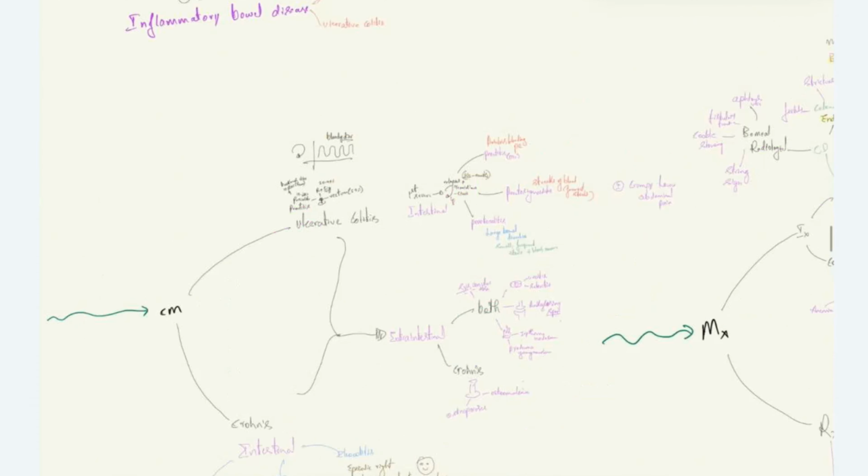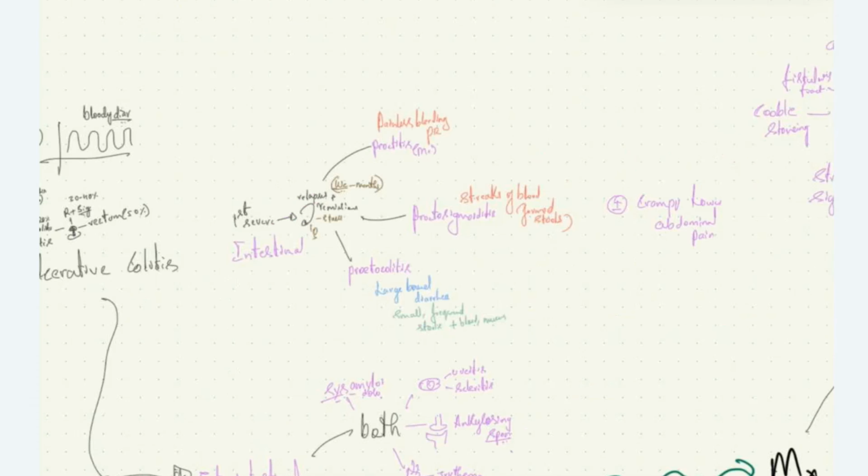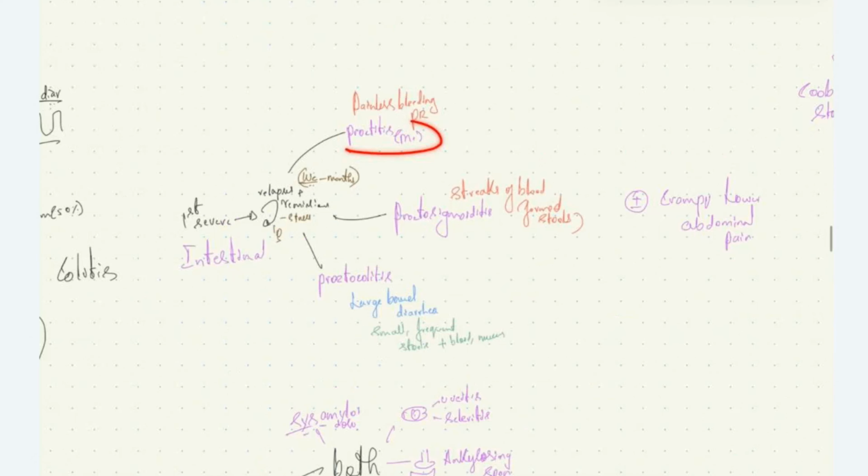In ulcerative colitis, we see proctitis in 50% of patients, leading to painless bleeding per rectum, which is the most common presentation, followed by proctosigmoiditis, which causes streaks of blood in the formed stools.